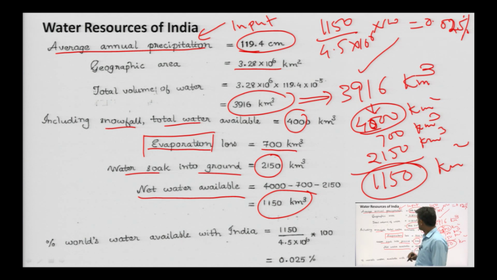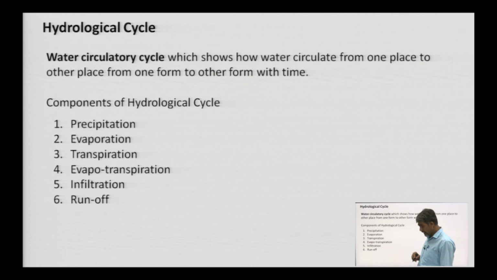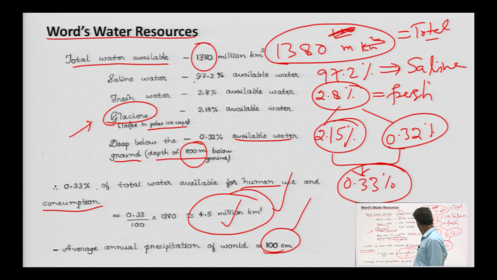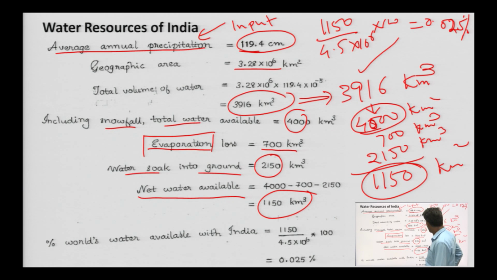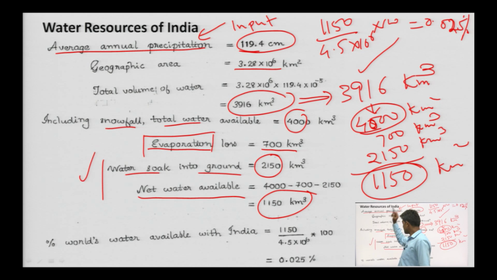So, this is the idea that the data gives, how the management of the water is to be done, what should be the procedure, how different losses can be minimized.